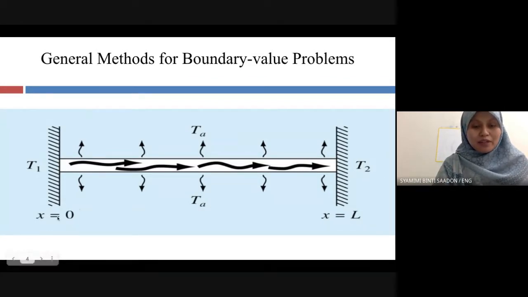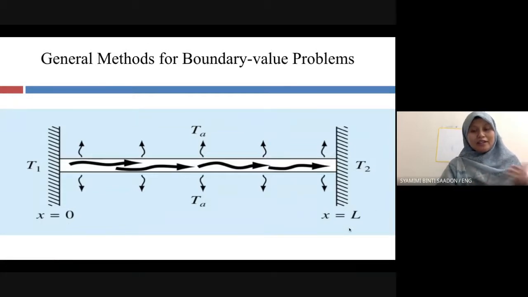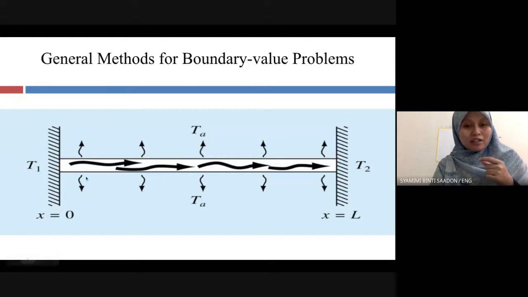For the initial point, we note it as x0 and the distance from 0 until L. We have boundary conditions T1, T2 at the extreme points, and we also have the ambient temperature. This ambient temperature is also a boundary value that is given, and it will affect the temperature of the rod along this distance.